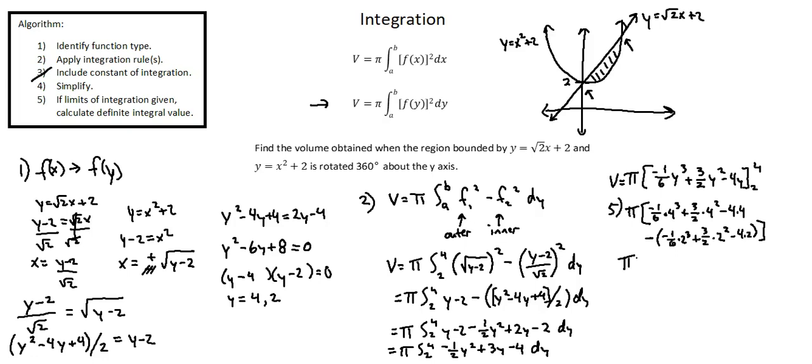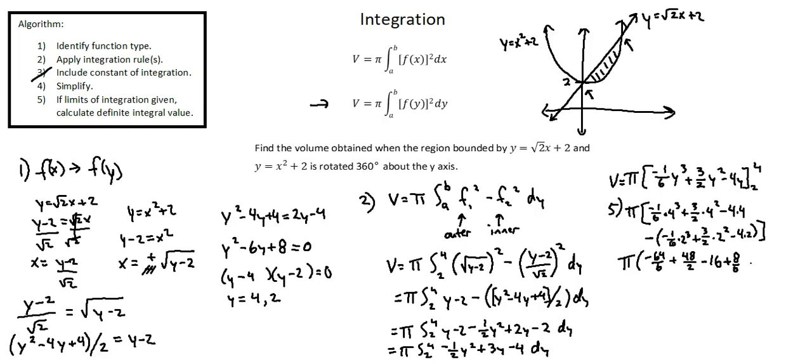And we end up with pi times, 4 cubed is 64, negative 64 over 6. 4 squared is 16. 16 times 3 is 48, plus 48 over 2, minus 16, minus 1/6 will be positive. 2 to the power of 3 is 8 times 1/6 will be plus 8/6, minus positive 3/2.